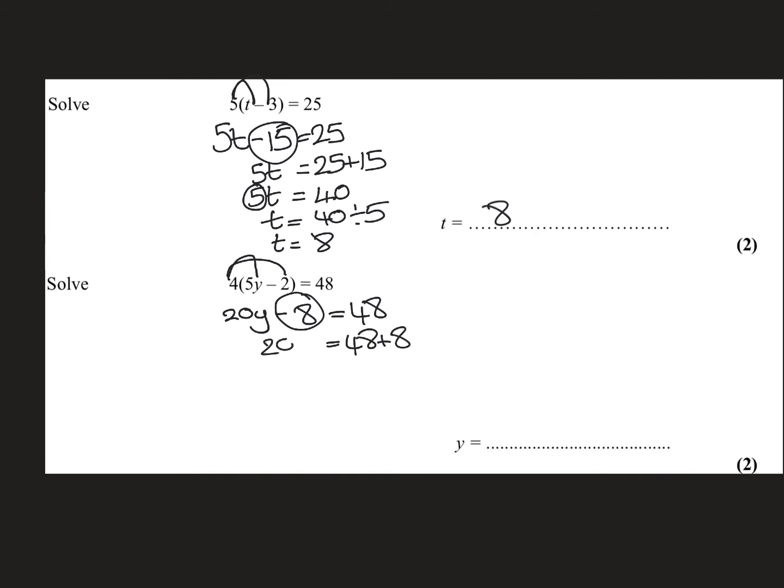So 20y on the left-hand side. 48 plus 8 is 56. So 20y is equal to 56. So to find y, we're going to do 56 divided by 20. And y is equal to 56 divided by 20, which is 2.8. So y is 2.8.